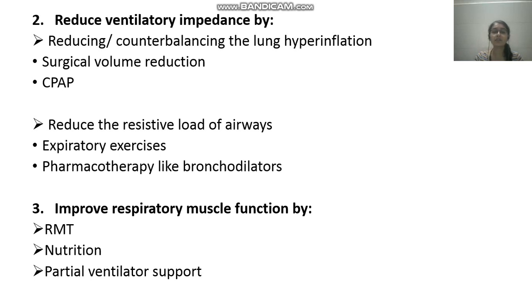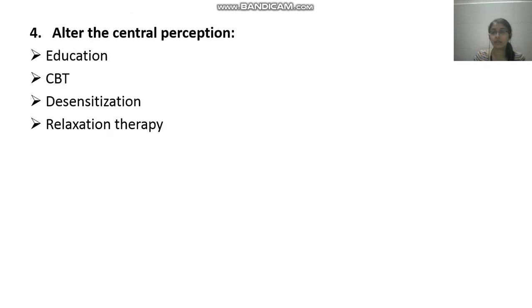You can always use ventilatory support, partial ventilatory support, obviously, where the ventilator will initiate the breath, but the entire breath will be taken by the work of the respiratory muscles themselves. That concept we might clear in the lectures on ventilators. We can also alter the central perception, not central drive.